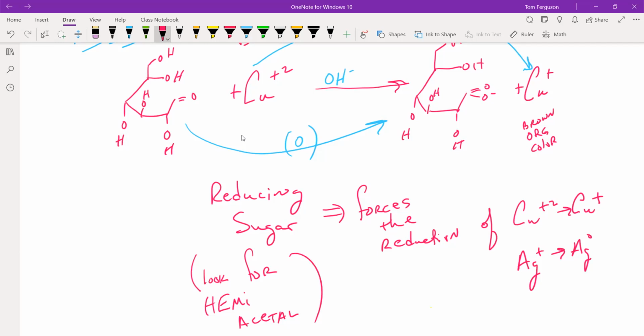If there's a hemiacetal, that can open up to expose an aldehyde, which can then be oxidized to the corresponding acid in basic conditions. If it can't open up, in other words, if it's not a hemiacetal, then it won't be oxidized. Hence, you'll get a negative test, for example, using the Benedict's test.